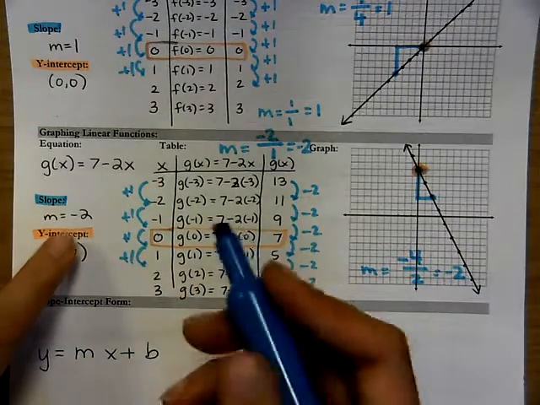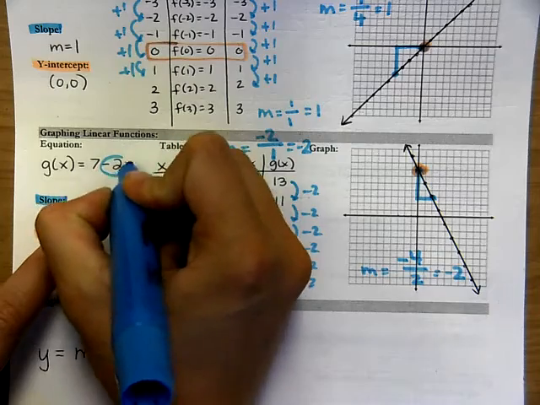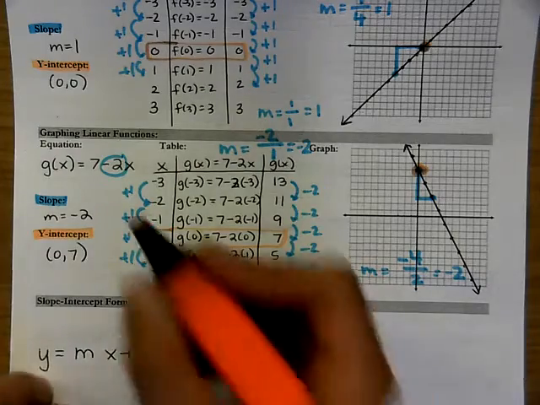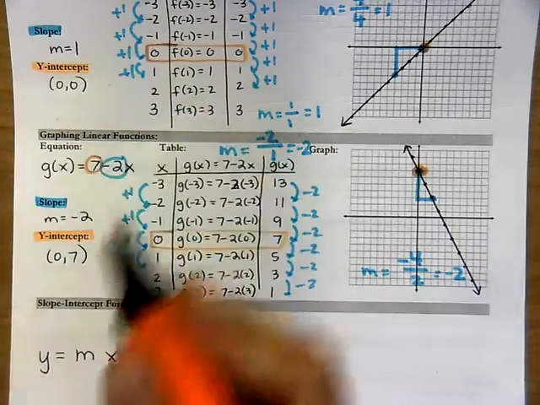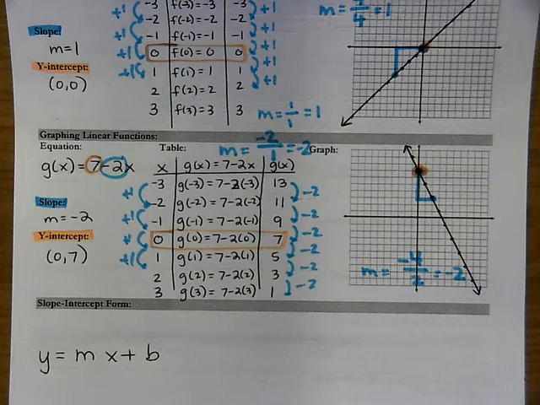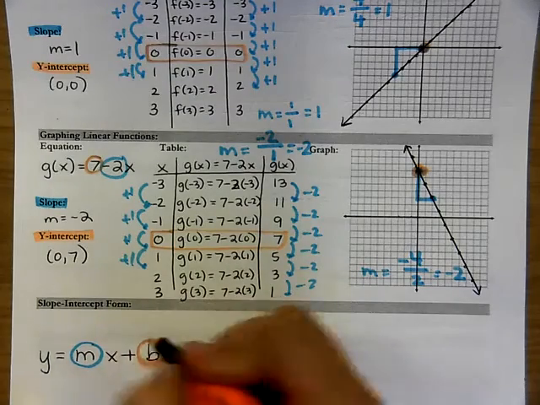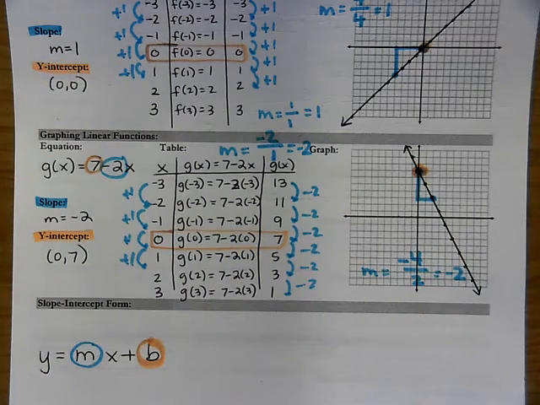Well, when you look at that, that's the number in front of x, -2. And where did we see the y-intercept? Well, that was the number that's not next to x. It's the one that's added or subtracted, that doesn't have the variable next to it. So when you look at that, your slope is the coefficient of x, and your y-intercept is the constant term, the one that's added at the end.